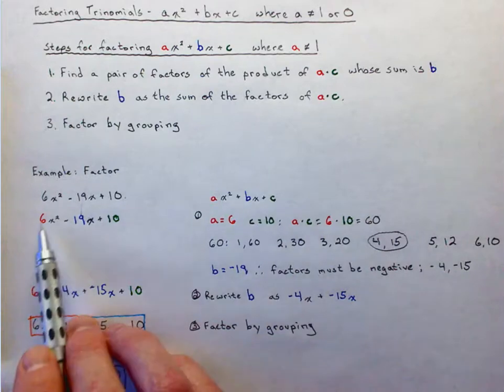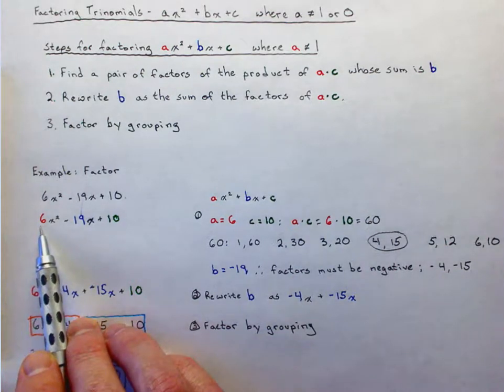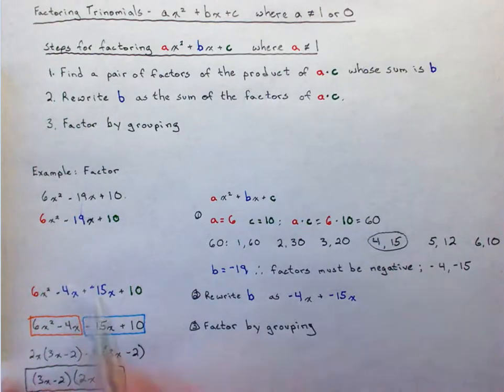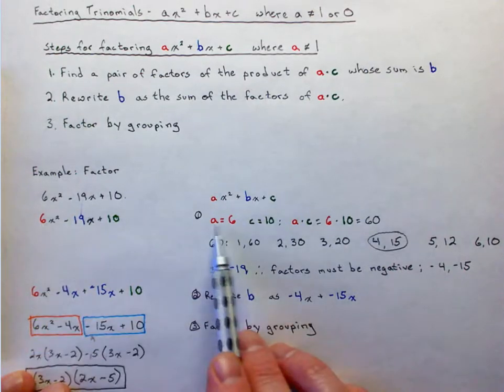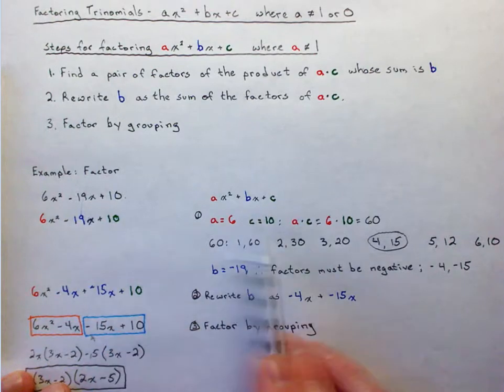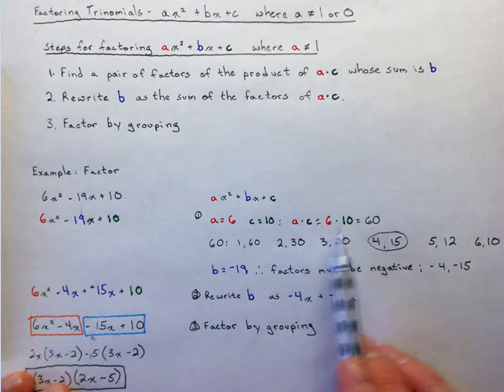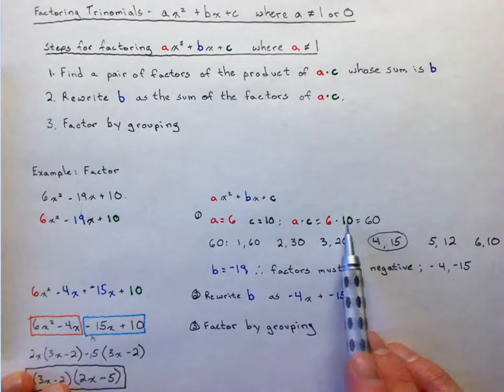So I know that a equals 6 and c equals 10. I'm going to find the product of a and c. So 6 times 10 is 60.